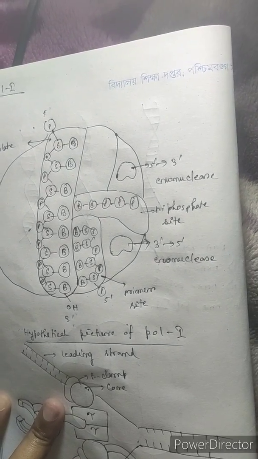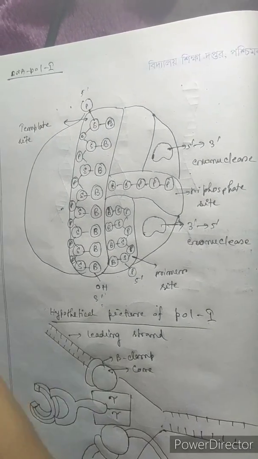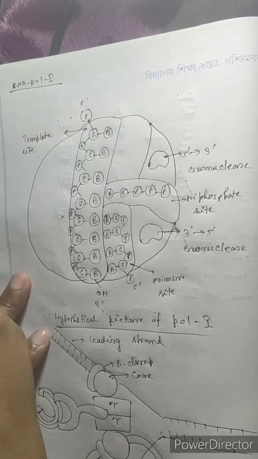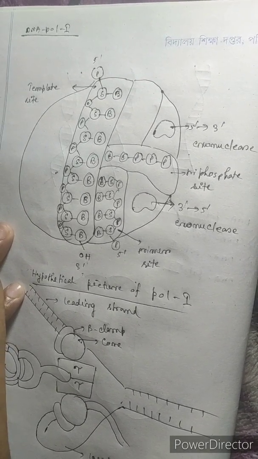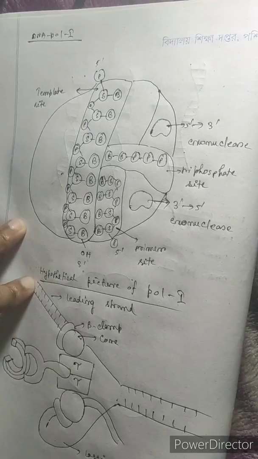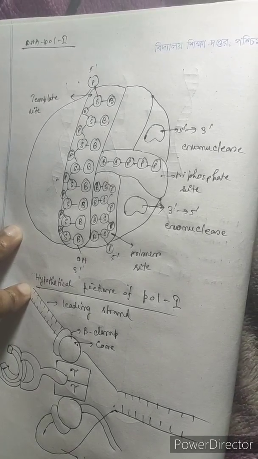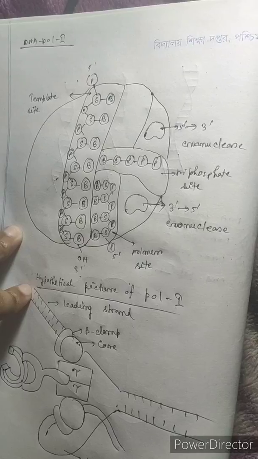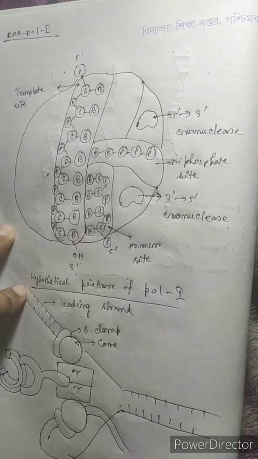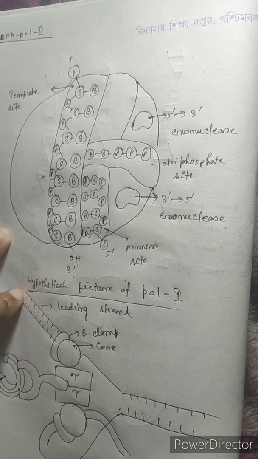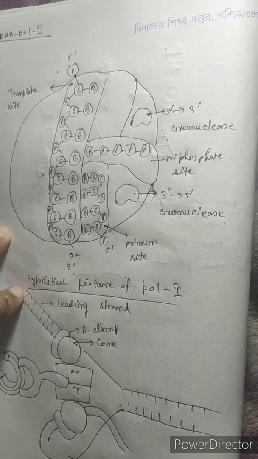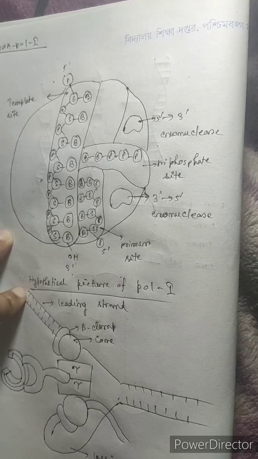We are going to talk about the structures of different polymerases which play a role in replication. The first enzyme, identified by the scientist Arthur Kornberg, was named the Kornberg enzyme, and later it was named DNA polymerase 1.